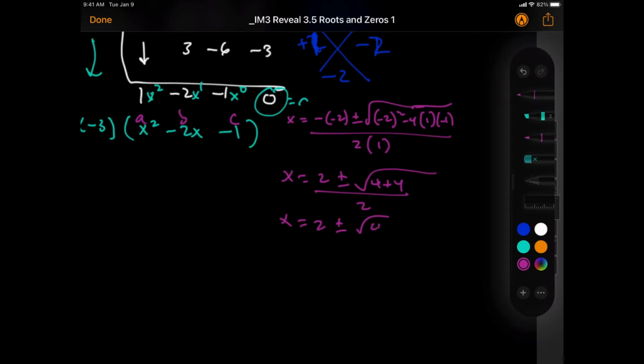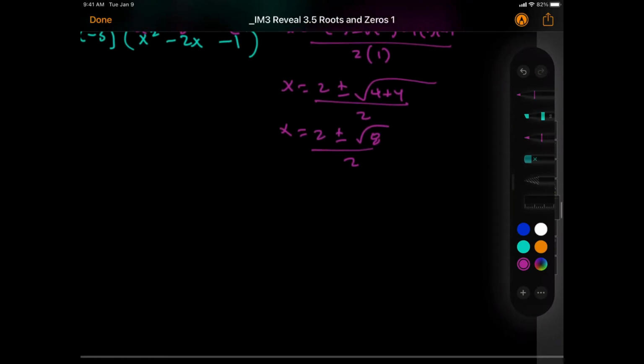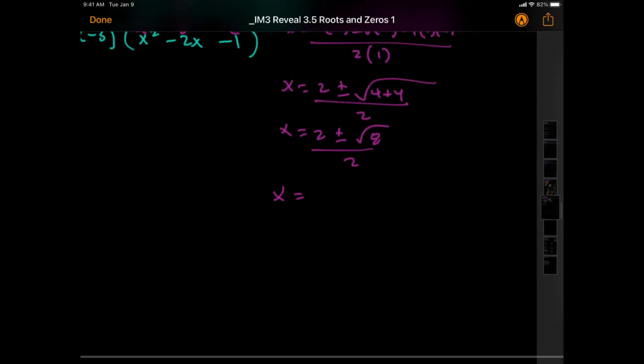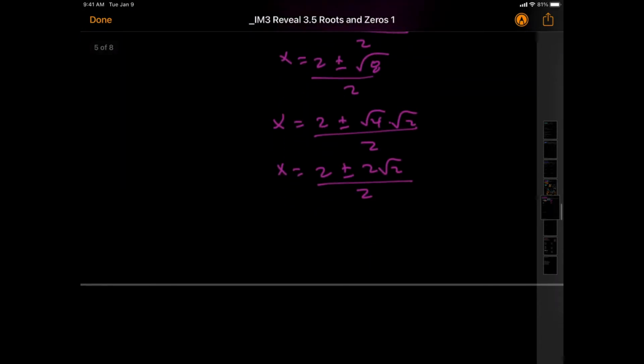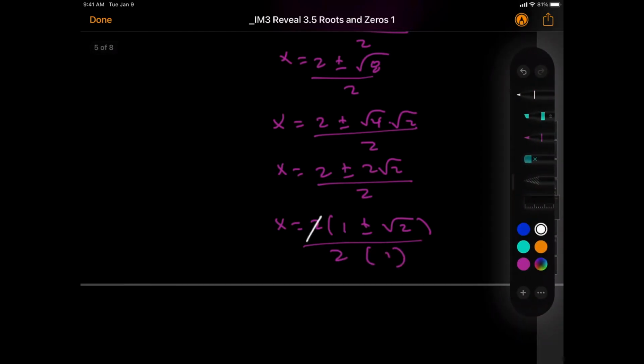Got square root of 8 here. So 2 plus or minus radical 4 times radical 2 over 2. So this would be 2 plus or minus 2 radical 2 over 2. And then if you factor out a 2, you'll realize that our 2's here cancel, and so you're just basically left with this as your answer.